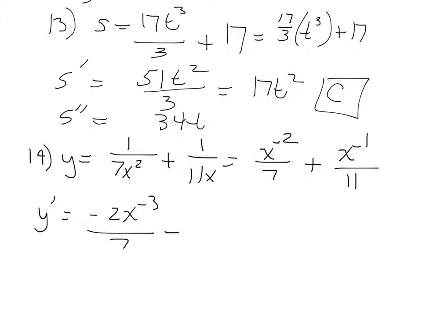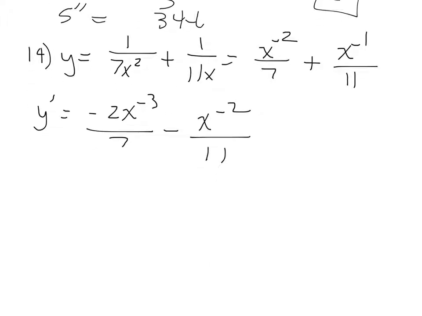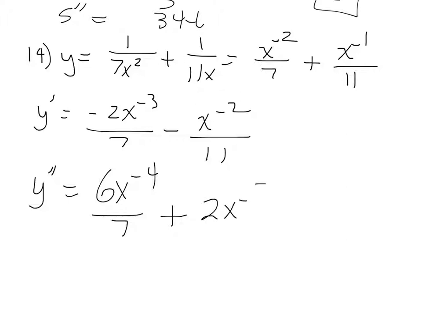Minus, because that's going to be bringing a negative 1 down, minus x to the minus 2 over 11. What's the second derivative? And plus 2x to the negative 3 over 11. There you go. Okay, so probably the hardest thing with these is just don't lose those negative signs.